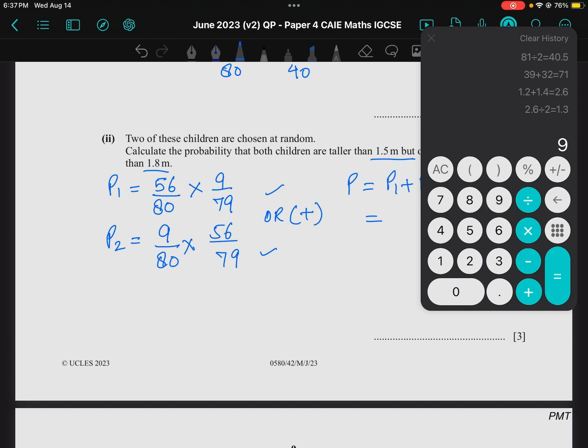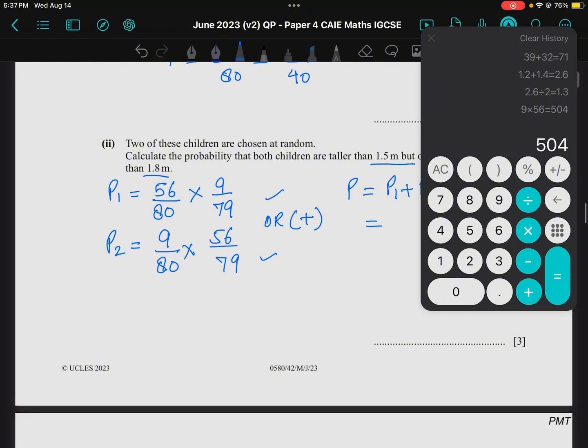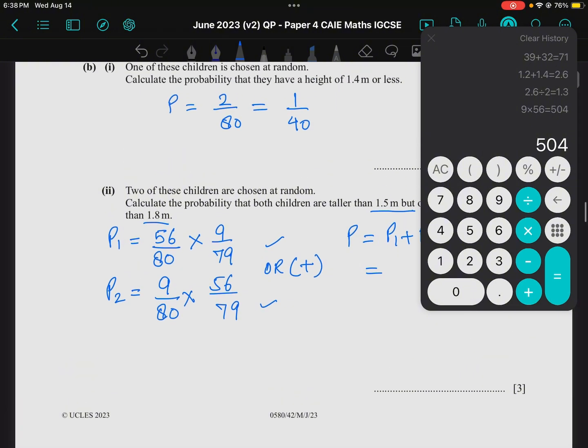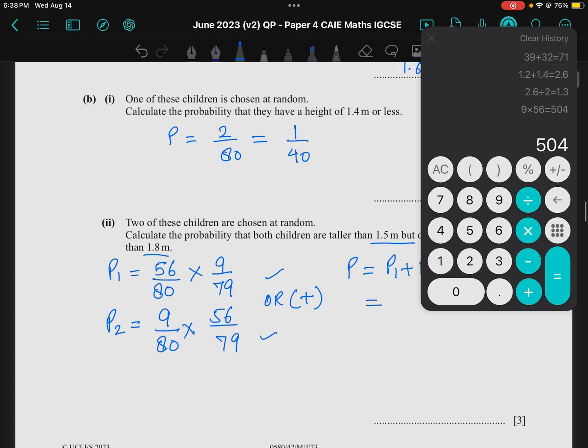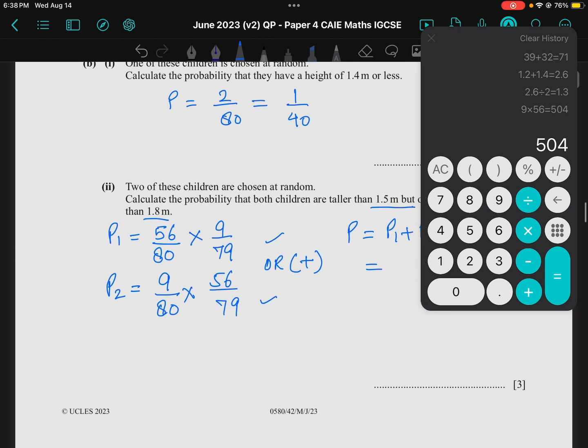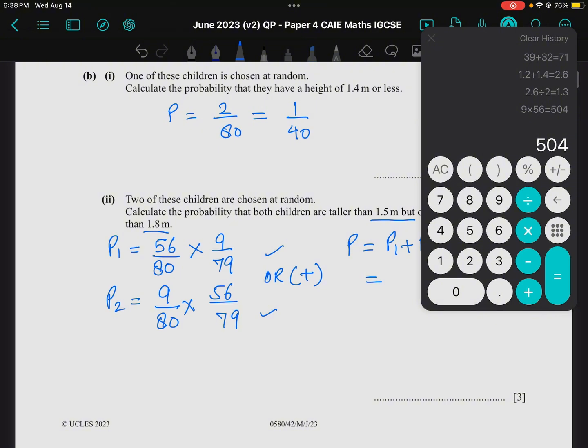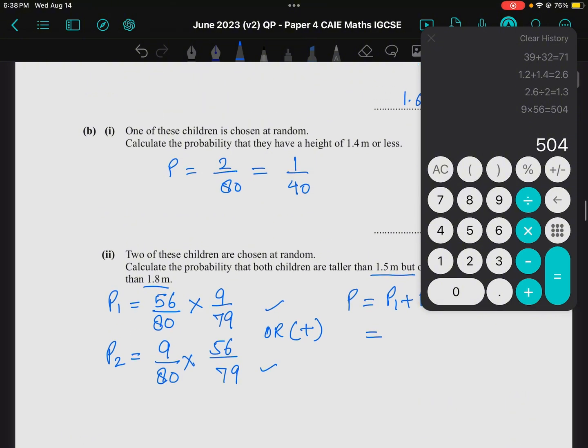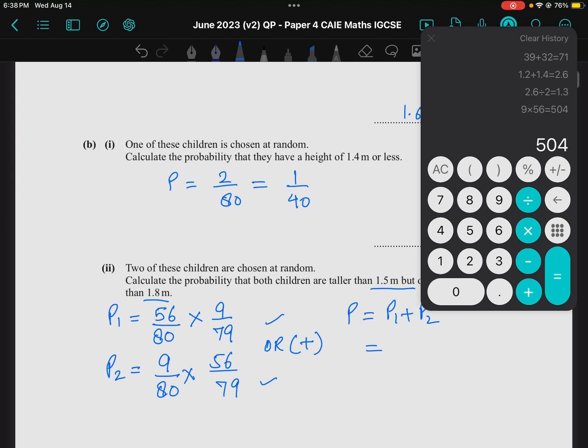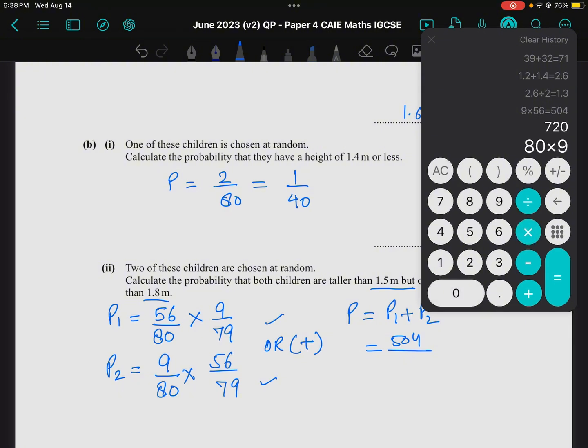9 into 56, 504, plus 504. Is there anything that I can cut? 504, 9 into 56, 504 divided by 80 multiplied by 79, which is 6320.